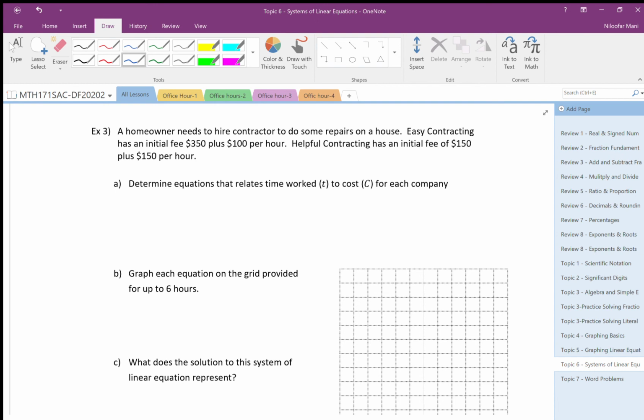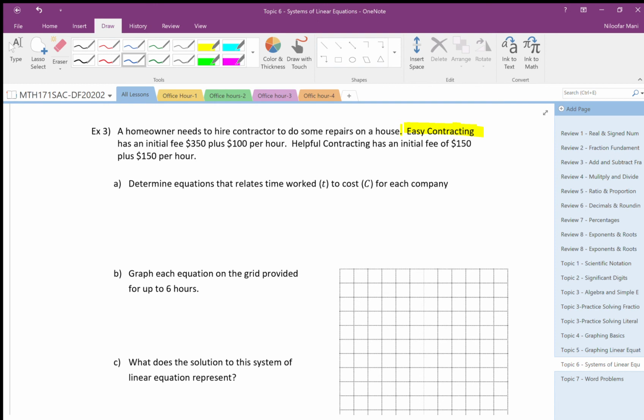Okay, so here you can see a little bit of it. Easy contracting, I go with yellow. For easy contracting, I have to pay $350 at the beginning. At the beginning means the intercept, because you don't pay this several times, you just pay it once. And you pay $100 per hour.